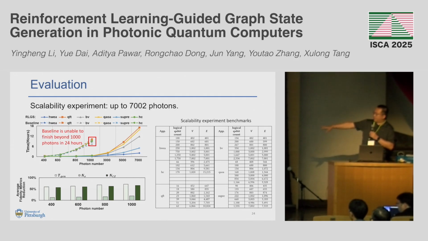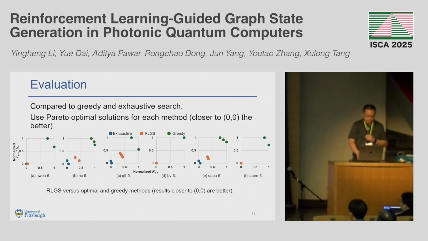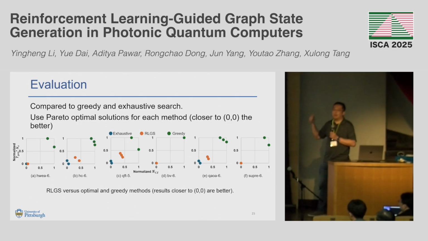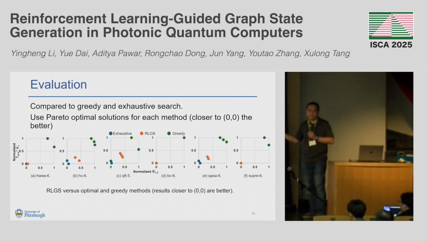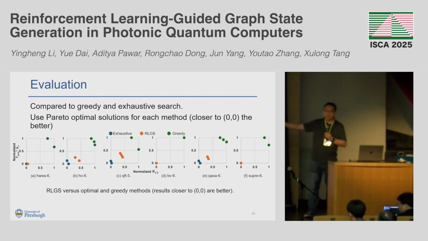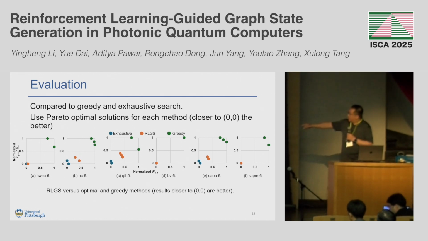The bottom shows that even with the increasing photon count, the reduction for the 3 metrics is also remarkable there. Because we're collaboratively optimizing 3 targets, the generation time, emitter count, and the number of CZ gates, we use a Pareto model to show how good the results are. Towards 0, 0 is the optimal one.